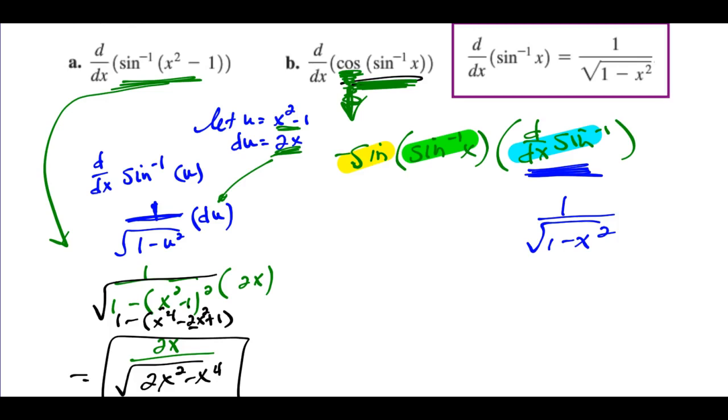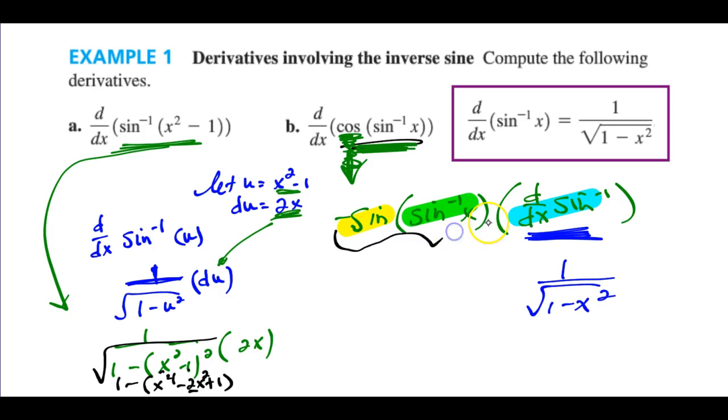And so this final answer, I think I'm done. The only thing I think I can maybe clean up a little bit here is, what's the sine of the sine inverse of x? And well, there's a couple ways you can do this.